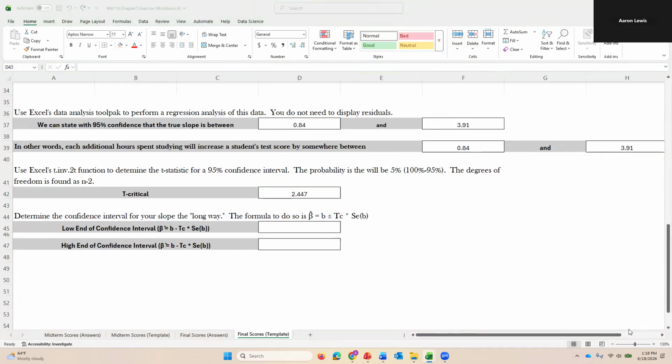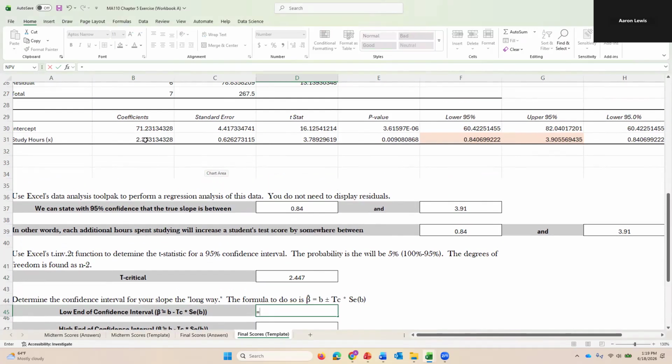So for the low end of our confidence interval, I'm going to say this is equal to the slope that we got from our regression analysis, and that's right up here as 2.37313, and so on. I'm on the low end, so I'm going to start with minus that T critical value times the standard error of our slope. And Excel gives you that information as well.